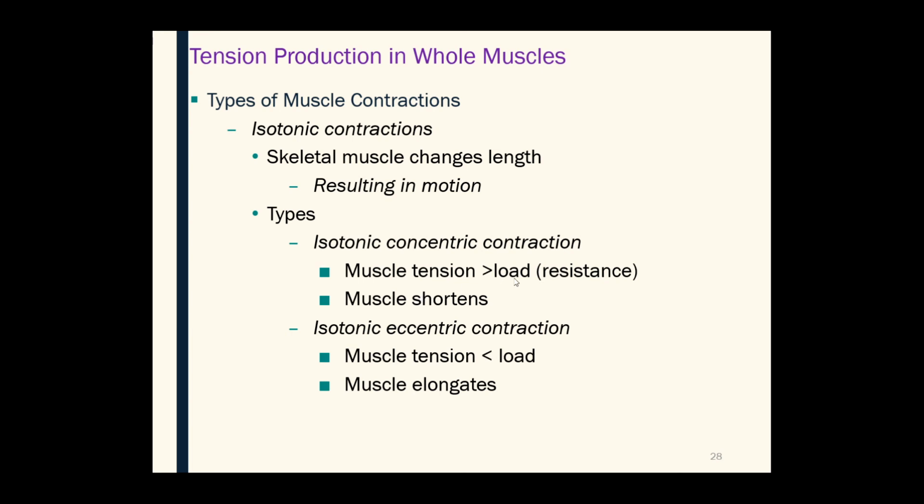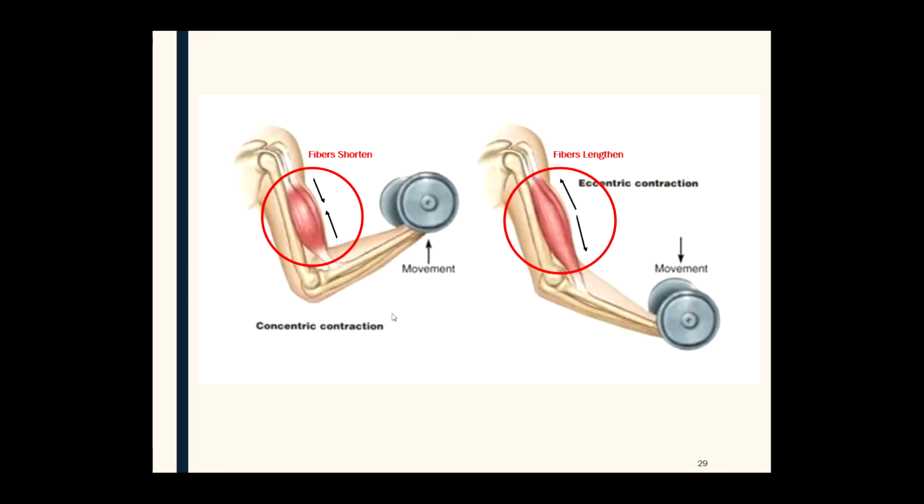and it results in the muscle shortening. So if I go back to that example of the bicep curl, here's your bicep. Whatever the weight is here, if we can generate more tension in this bicep so that the muscle fibers, I drew these arrows here, shorten, the muscle gets sliding filament theory and the muscle shortens, we end up getting movement of the joint and we can lift the weight. This is known as a concentric contraction.